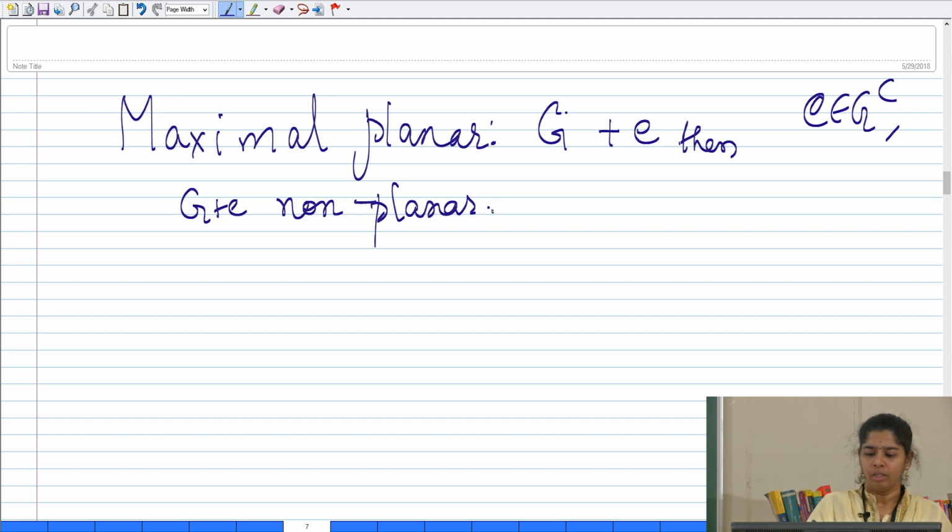Now, with this condition, what would a maximal planar graph look like?